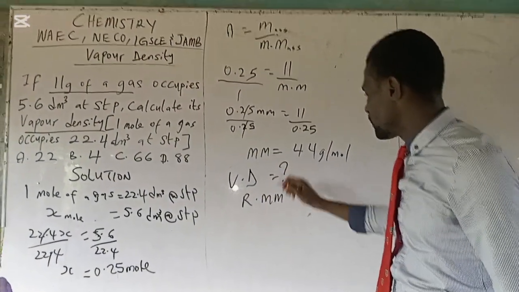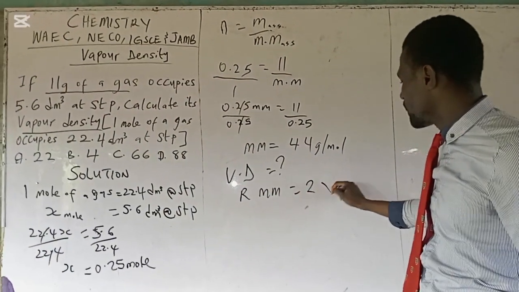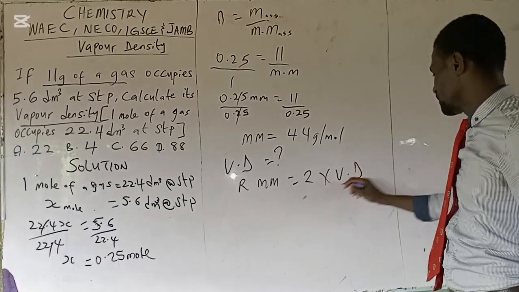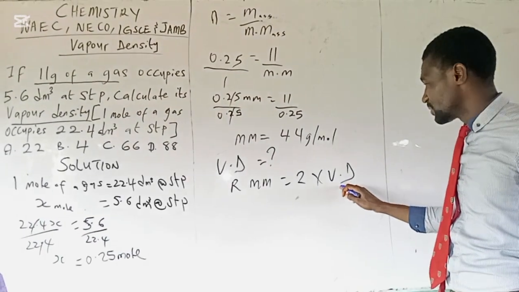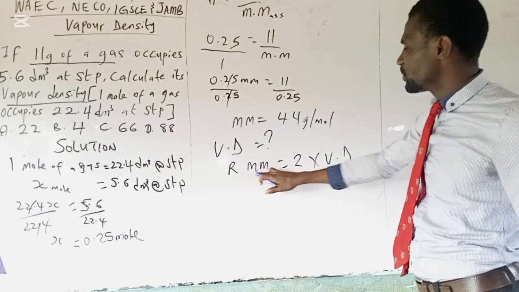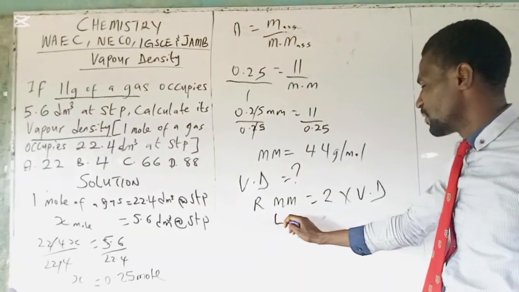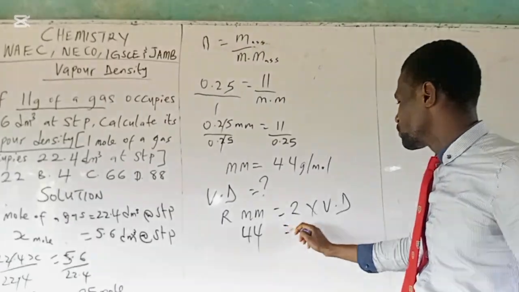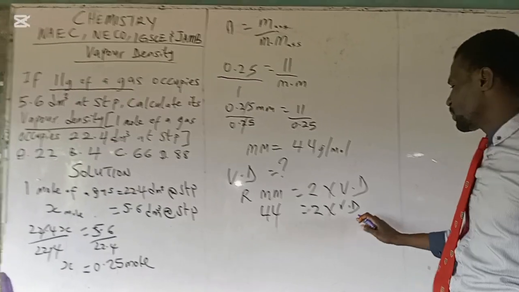Relative molecular mass equals 2 times vapor density. This molar mass will represent our relative molecular mass. 44 equals 2 times Vd. This is the vapor density we are looking for.